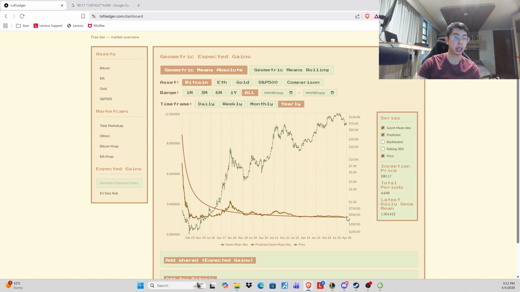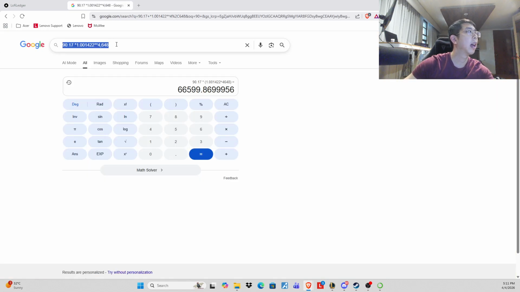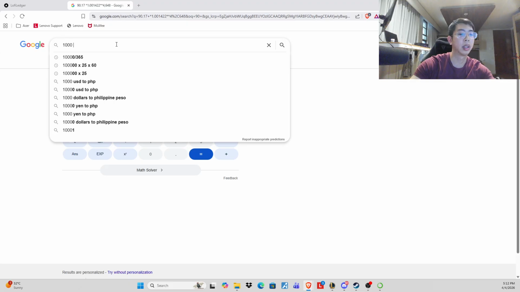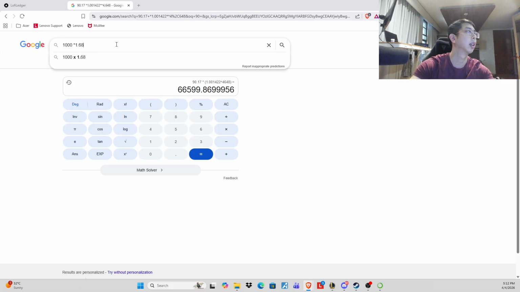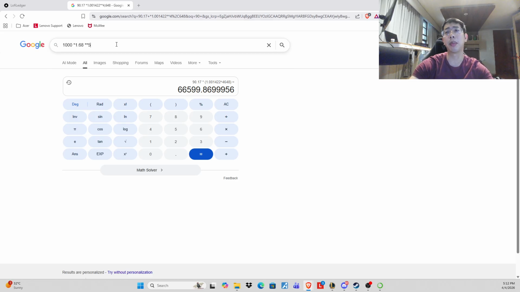So, for example, if I have $1,000 in Bitcoin, and I multiply it by 0.68, which is the yearly gain, and then I invest for 5 years. You can't really project these out too far into the future, mainly because you can see the swings do really happen.